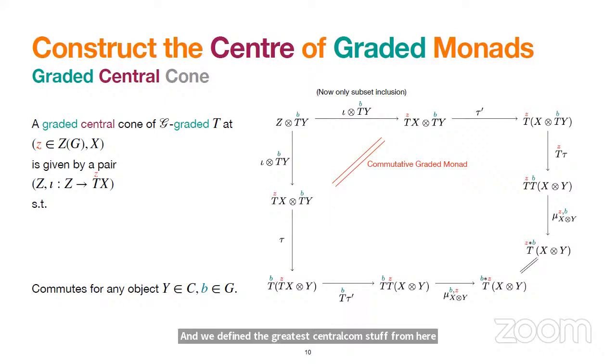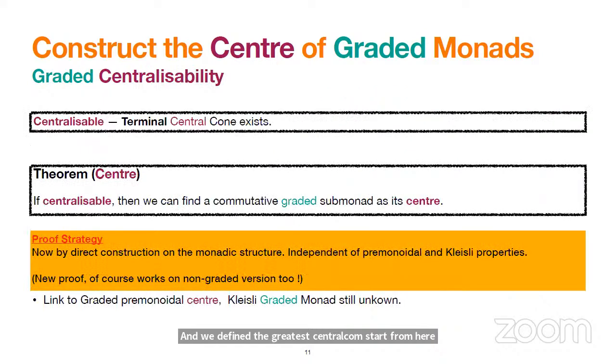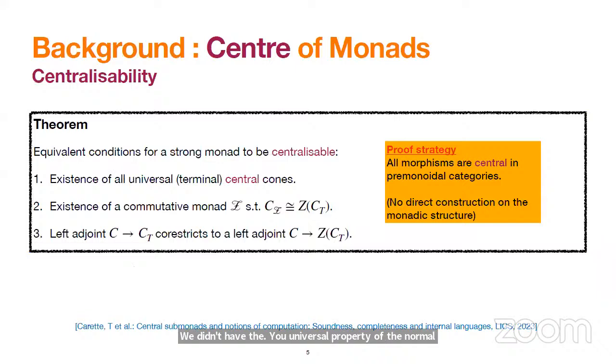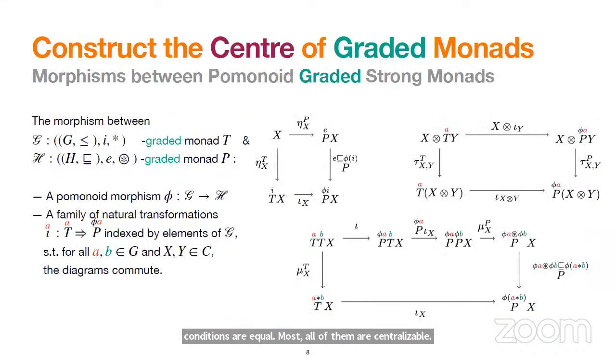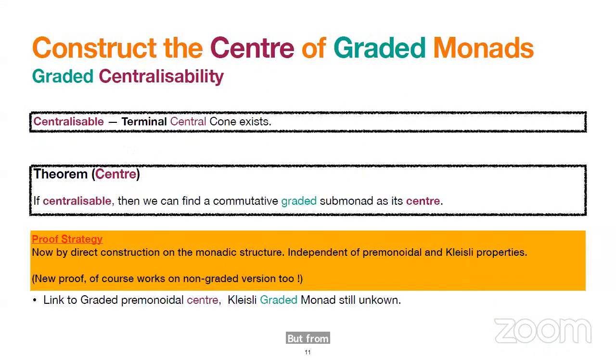But from this construction, we don't have the universal property of the normal monad. If we go back to the normal monad, there is a theorem which states that those three kinds of conditions are equivalent: all of them are centralizable. But for the graded version, we only have this. It's kind of like we claimed it: if the terminal central cone exists, it's centralizable.